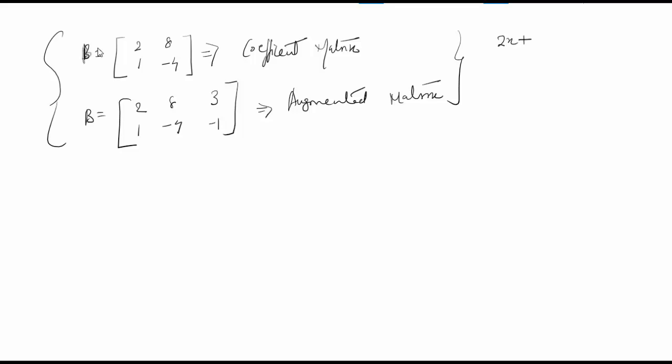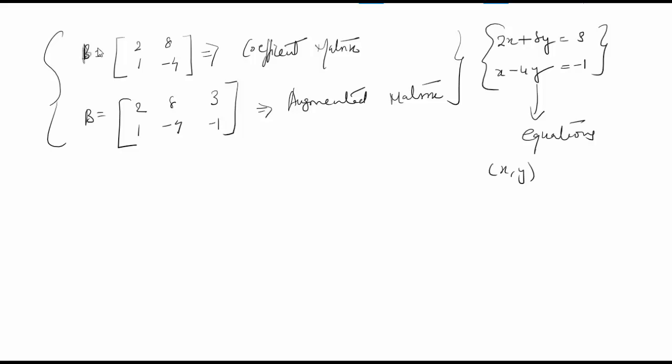So if 2x plus 8y is equal to 3 and x minus 4y is equal to minus 1 were my equations, and x and y are my variables.